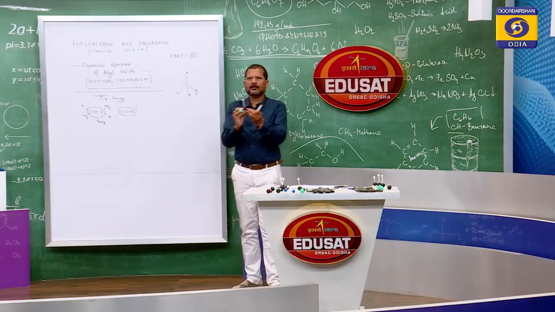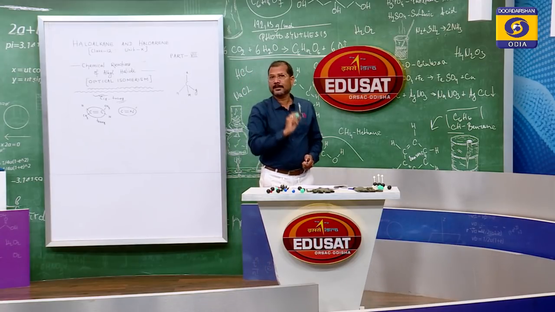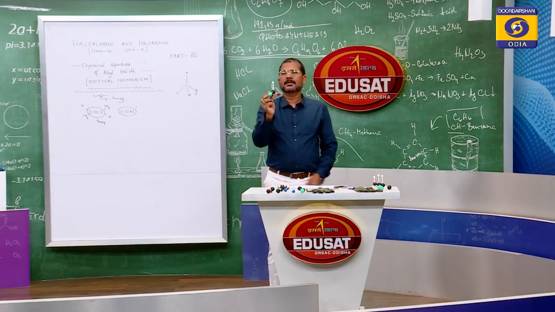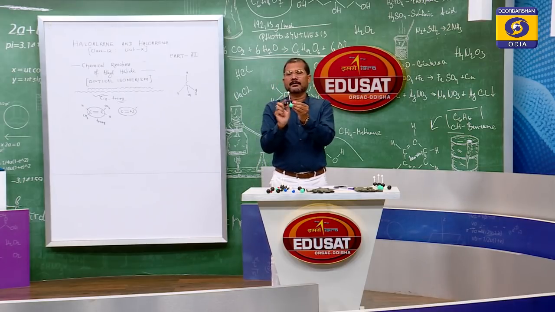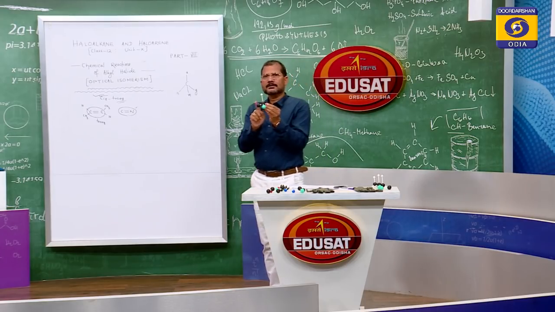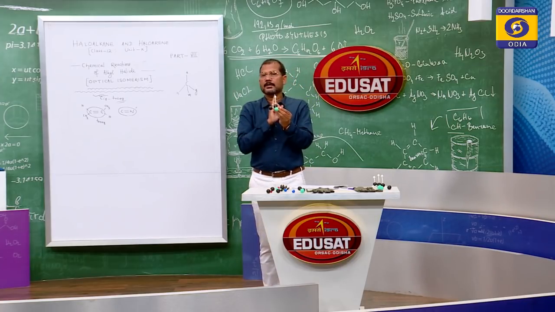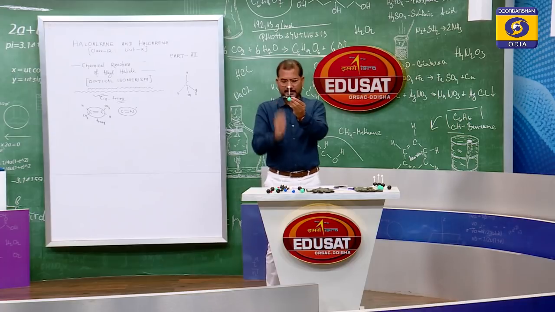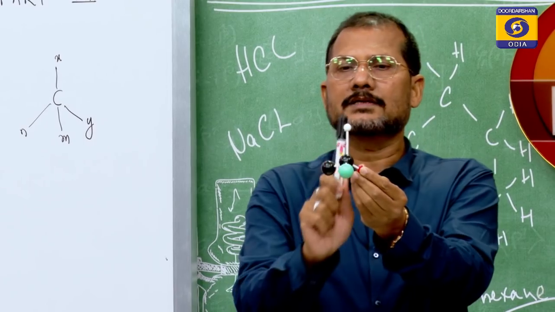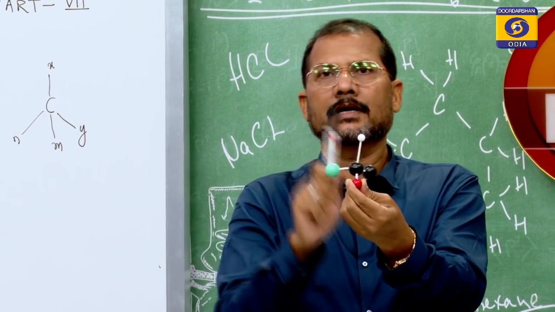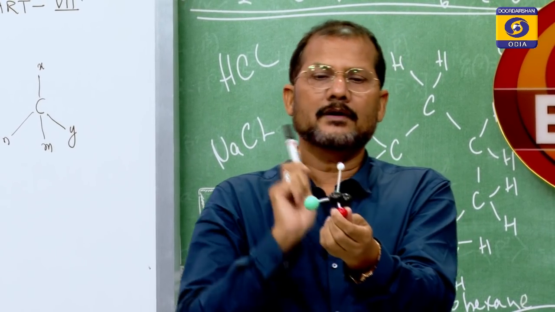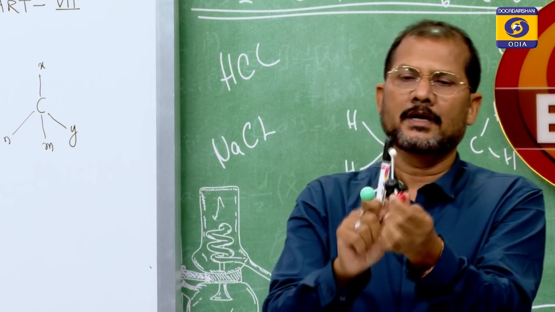Such a molecule, where one carbon atom is attached to 4 different groups, is optically active, and that carbon atom attached to 4 different groups is a chiral carbon. And here we cannot get any plane of symmetry. We cannot cut this molecule along this way, neither along any bond nor along any in-between bonds.